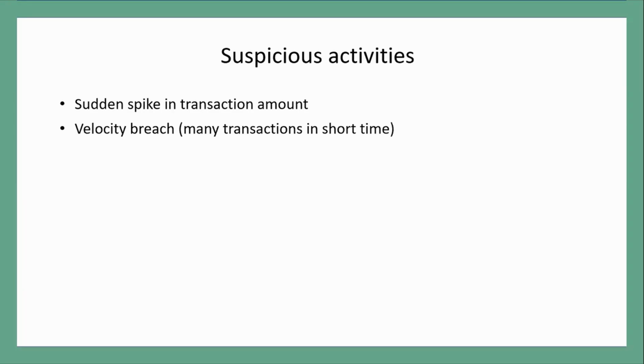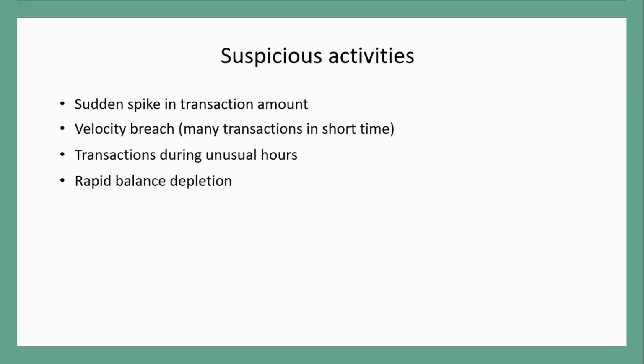Or if there is a velocity breach, too many transactions are happening in a very short period of time, which is very unusual for that customer. Or if transactions are happening at very odd, unusual hours. Normally customer has done transaction during daytime, and now you see, night 2 o'clock, there is a transfer happening.